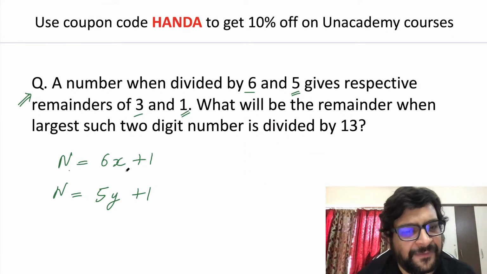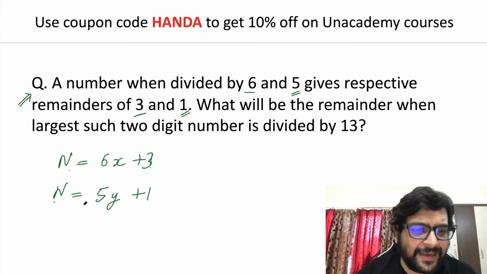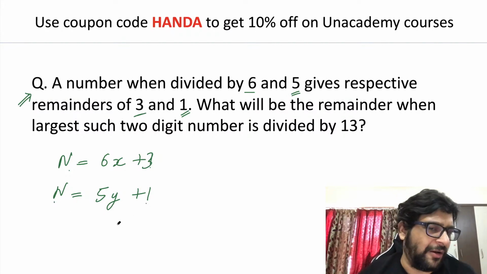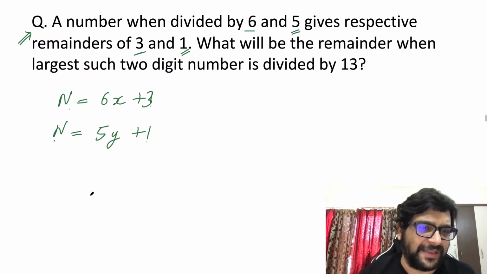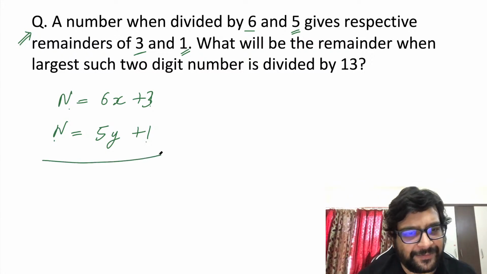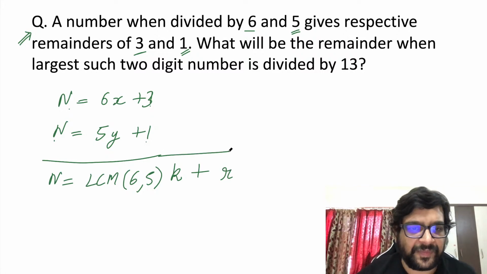So n itself gives me a remainder of 3 and n itself gives me a remainder of 1. So it is not successive division. It is not one after the other. So in this case, the value of n will be LCM of 6 and 5 into some constant plus r.